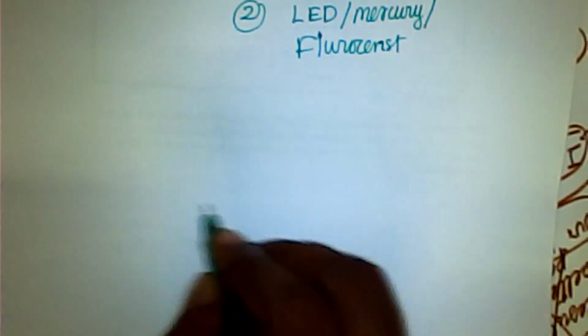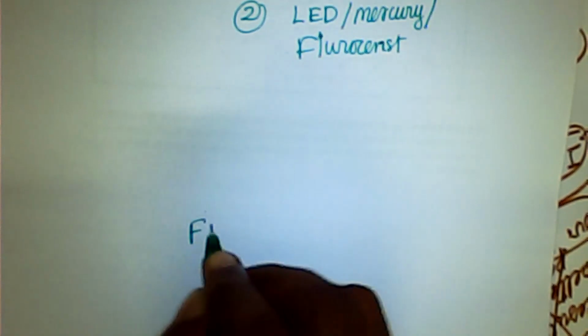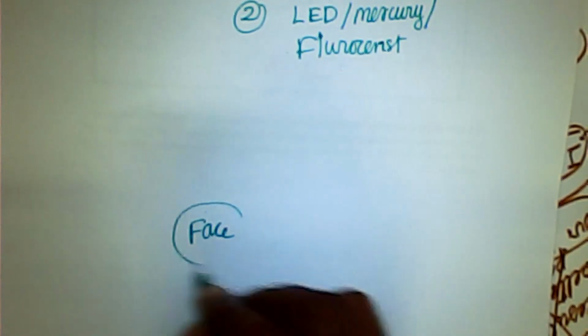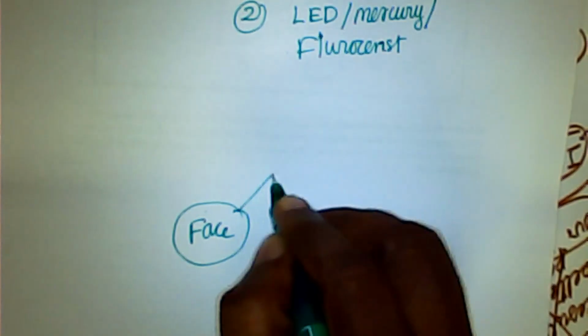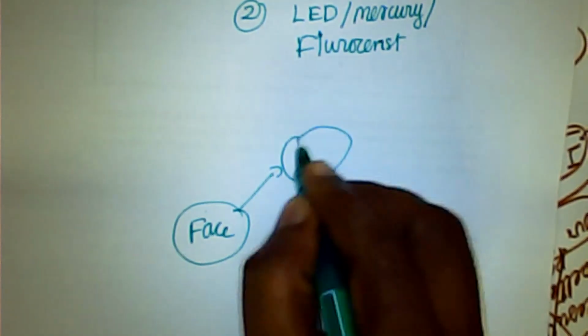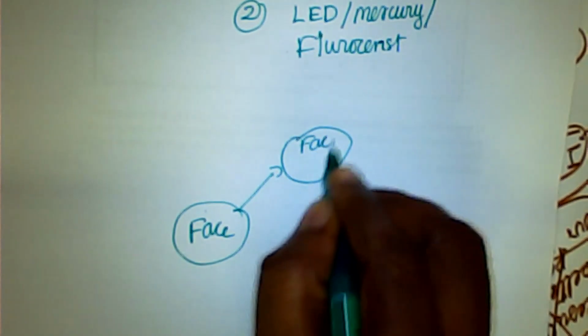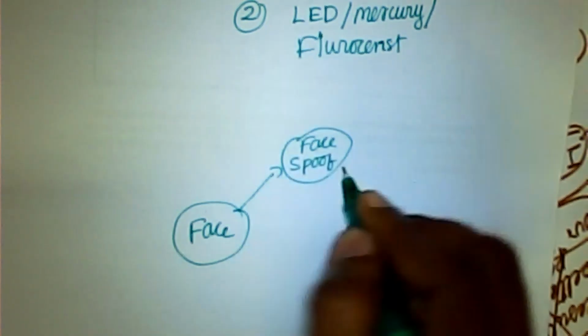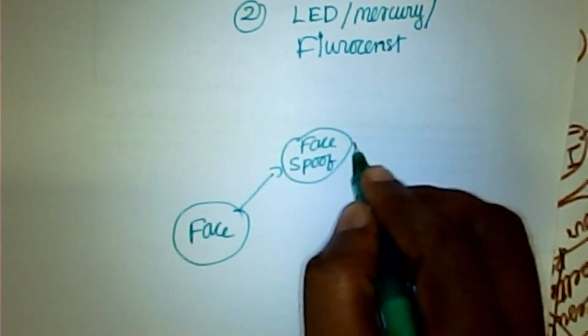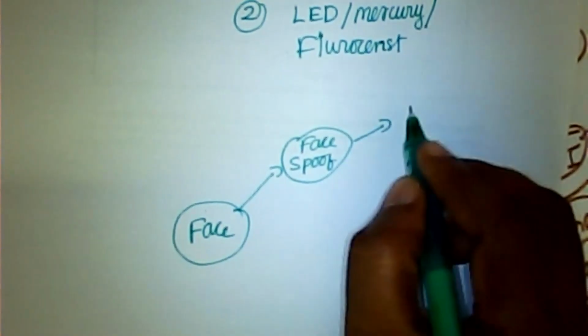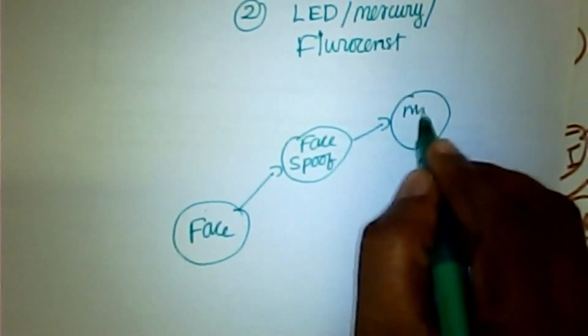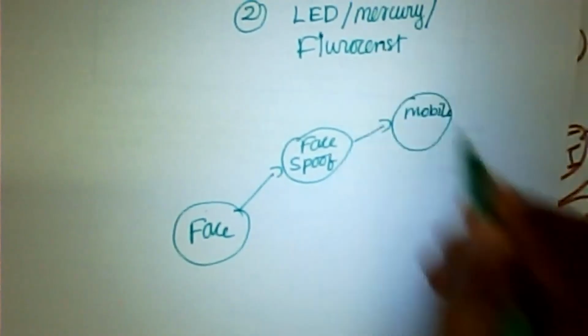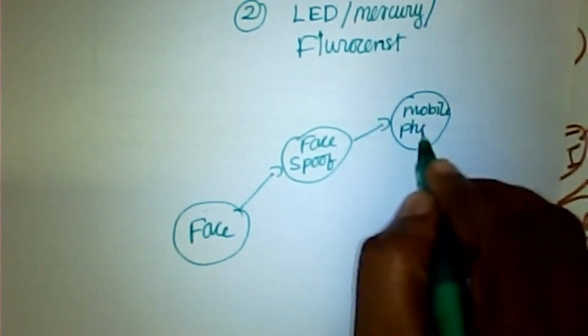See, now I can have a mind map. This is how you have to create it. Face, and then you talk about spoofing, face spoofing. Face spoofing is done with my mobile phone.